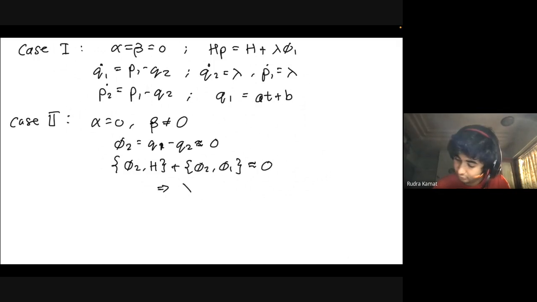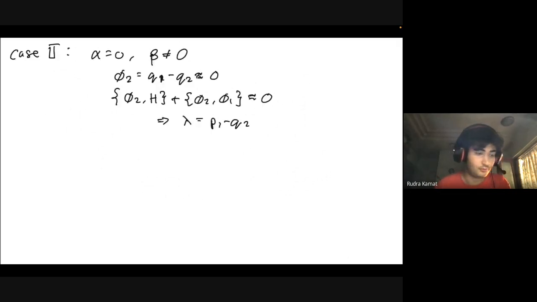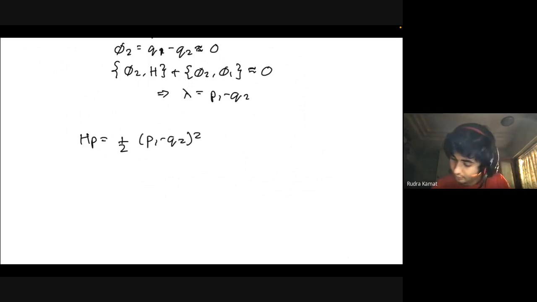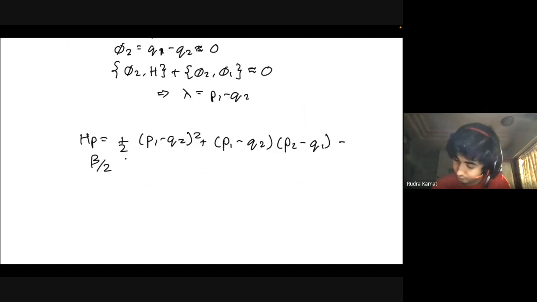That just means we can solve for lambda in this case, p1 minus q2. The phase space Hamiltonian is 1 half (p1 minus q2) squared plus (p1 minus q2)(p2 minus q1) minus beta by 2 (q1 minus q2) squared.